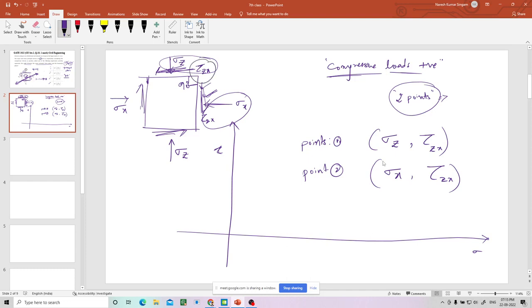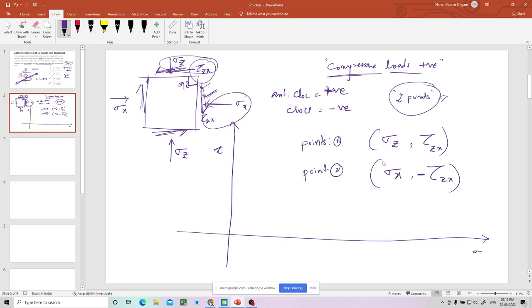Anyway, sigma z and sigma x are positive because they are compressive loads, and tau zx I am taking anti-clockwise as positive, and the other one is negative. So I'll keep a positive symbol here and a negative symbol here because it is making a clockwise couple.